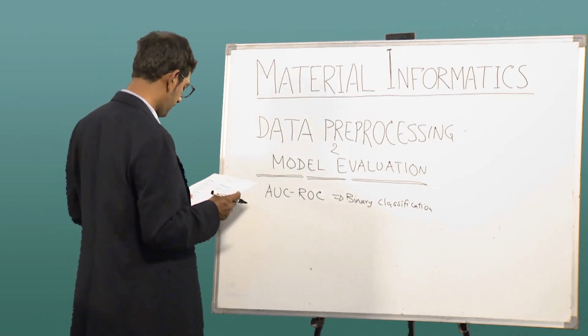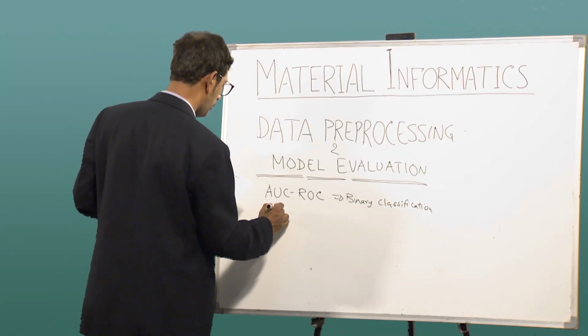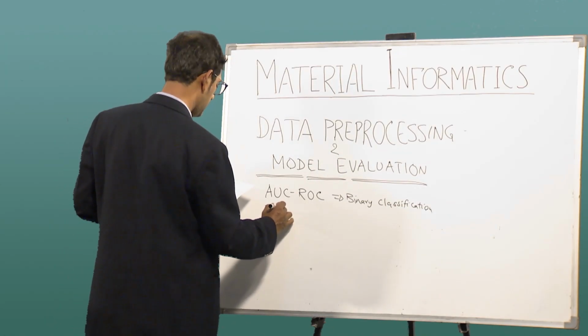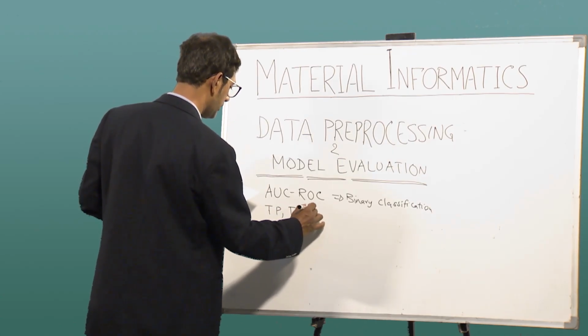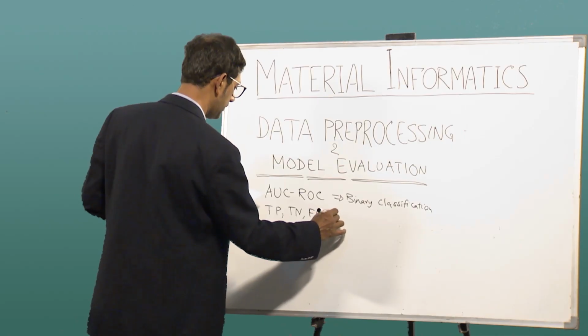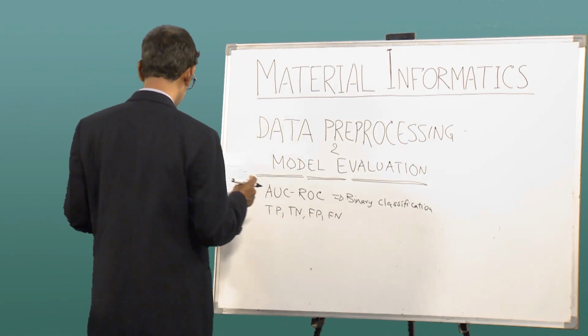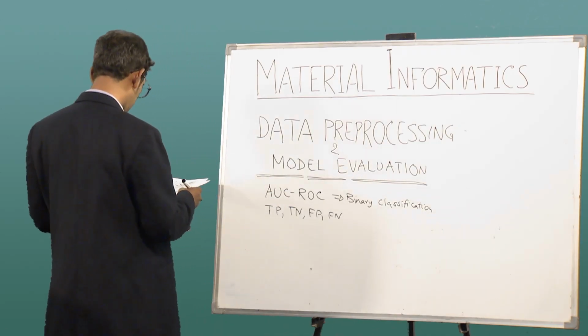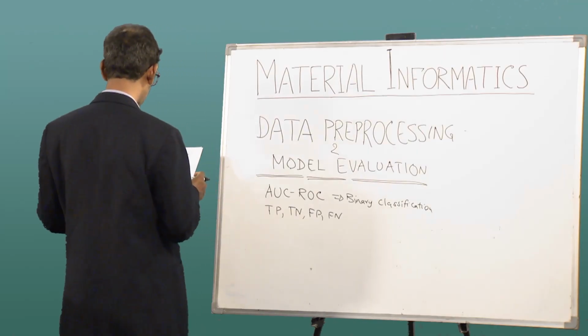So, you have already seen the matrix for true positive, true negative, false positive, false negative, right. This is coming again from that matrix, correct.